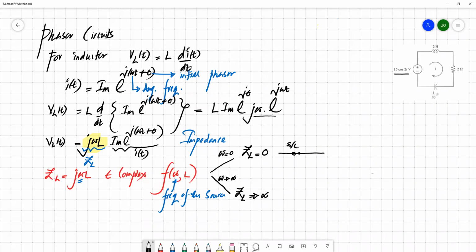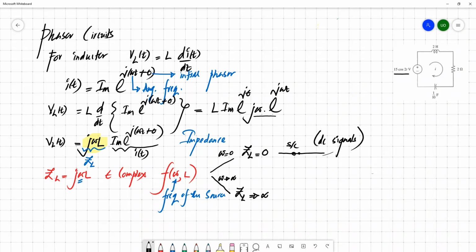Zero frequency means DC signals, so the inductor acts as a short circuit element for DC quantities.